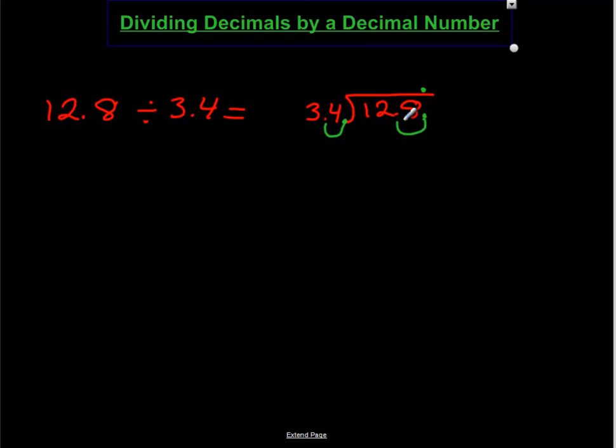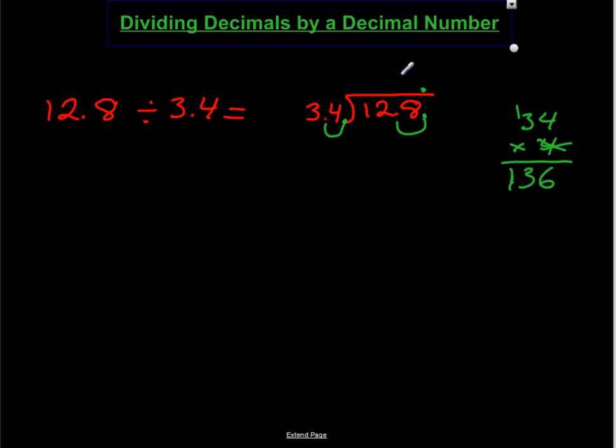Now this is where I play a guessing game. 34 is about 30, and 30 times 4 is 120. That's close to 128. If I say 34 goes into 128 4 times, 4 times 4 is 16, and 4 times 3 is 12, plus 1 is 136. It's close, but it goes over, so 4 is too big.